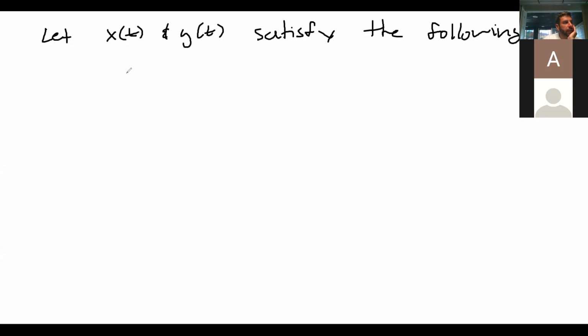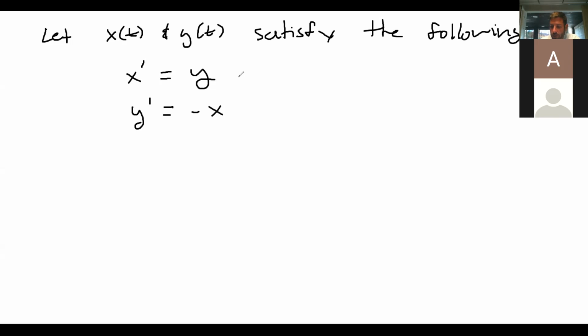Let's assume that x prime equals y, and y prime equals negative x. So I have two unknown functions. The derivative of x equals y, and the derivative of y equals negative x.